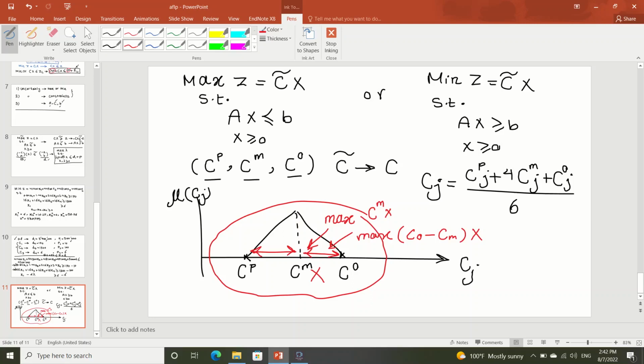And it is better that this interval, I mean Cm minus Cp, is minimized.